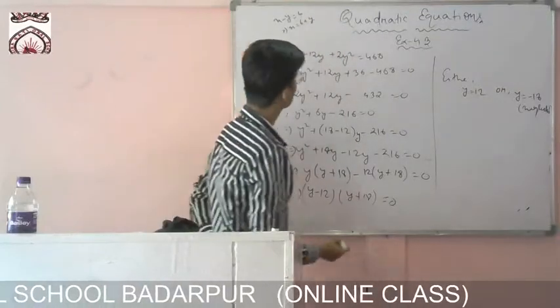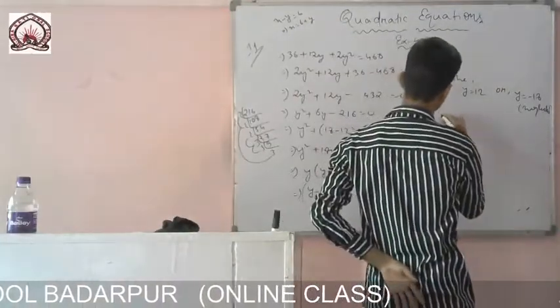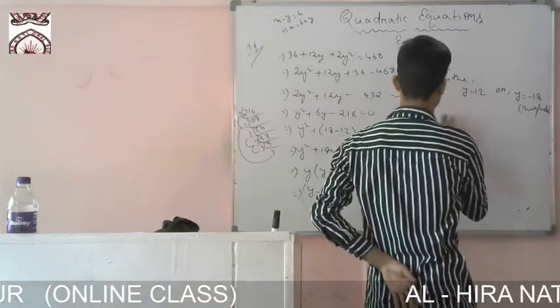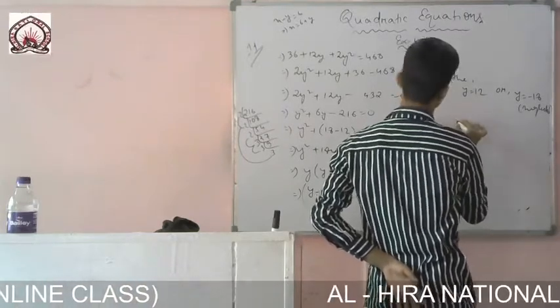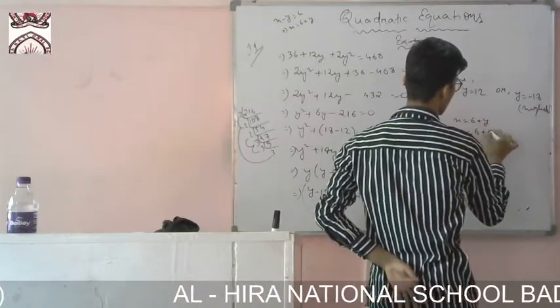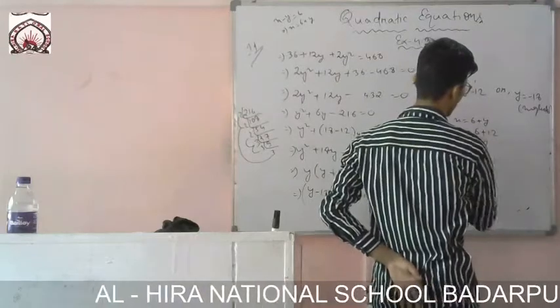So, x equals 6 plus y, so it will be 6 plus 12, which is 18.